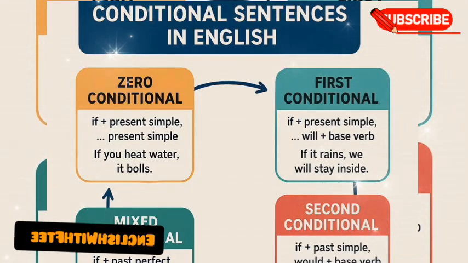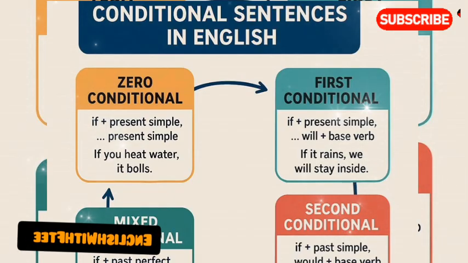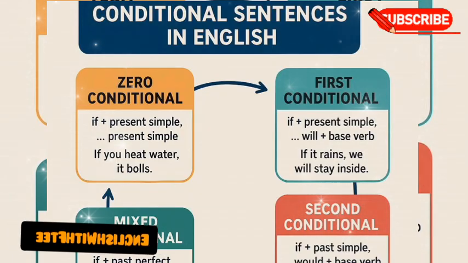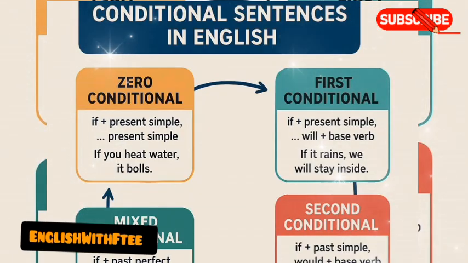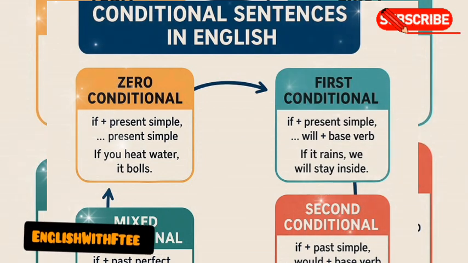Use one type of conditional in your next conversation. Write 3 example sentences each morning. Come back to this lesson when you need a refresher. The bottom line, start using these patterns today. The more you practice, the more natural it will feel.